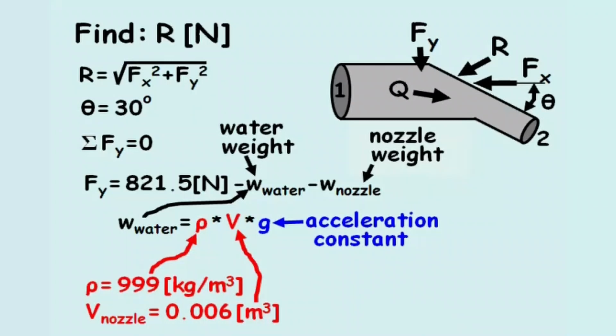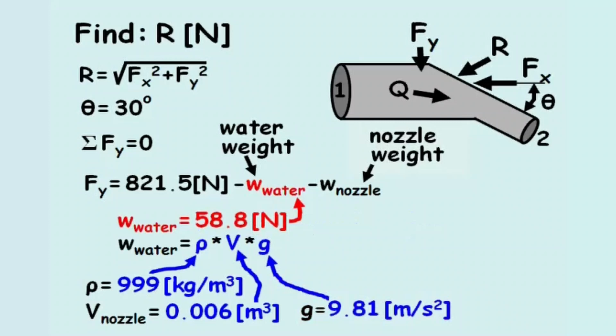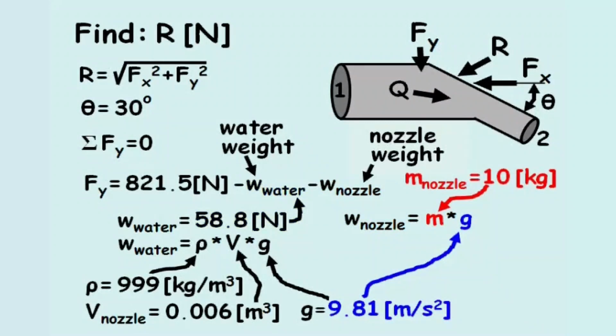After plugging in 9.81 meters per second squared for the acceleration, the weight of water equals 58.8 newtons. Lastly, the weight of the nozzle equals the mass of the nozzle, m, times g, 9.81 meters per second squared. From the problem statement, the nozzle mass equals 10 kilograms, which makes the weight of the nozzle equal to 98.1 newtons.